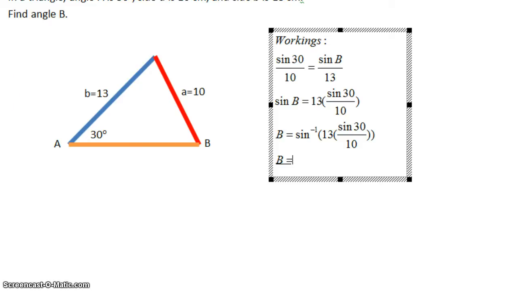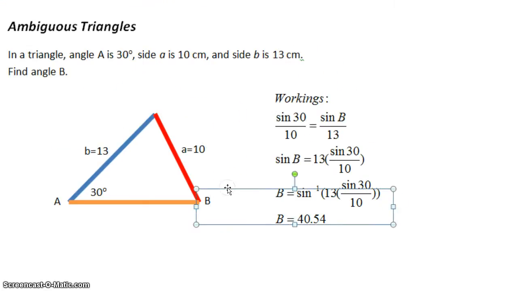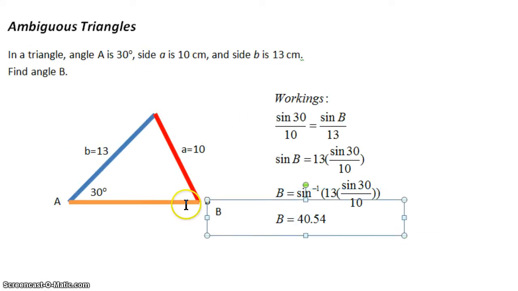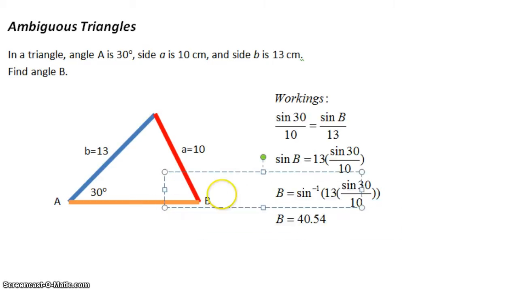So if I put that in my calculator, I will get approximately 40.54. Right. So that is how much this angle is going to be. So this angle is 40.54. Let's put it down there. 40.54. Okay.